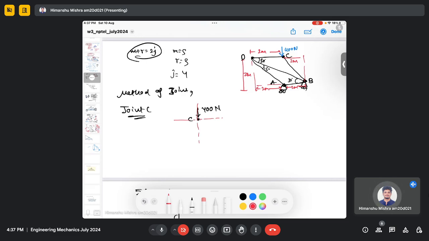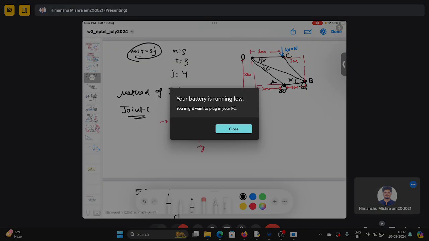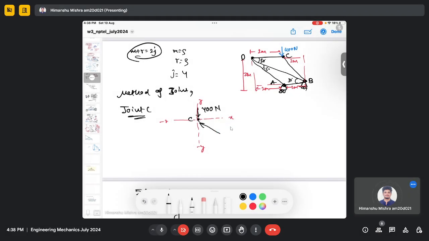It's the usual one which most people use: x and y, minus x, minus y. This is my force CB, which is at 45 degrees.